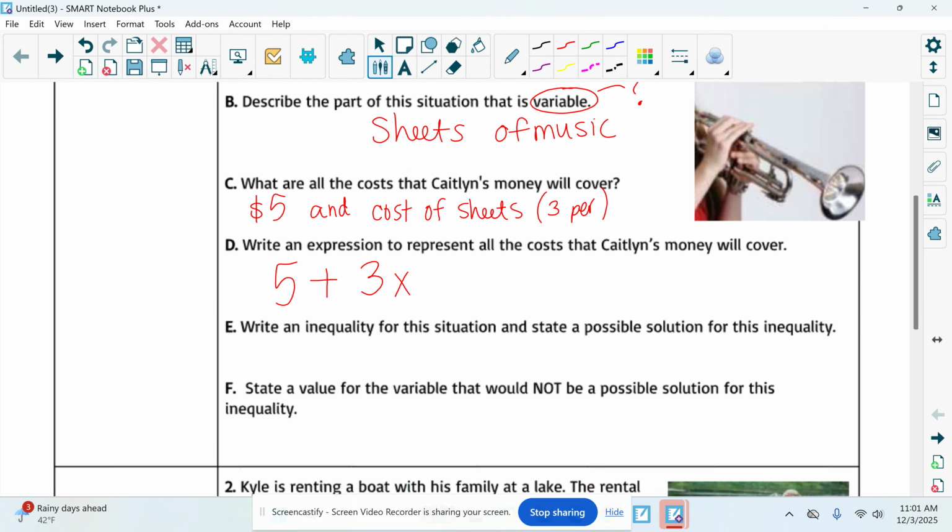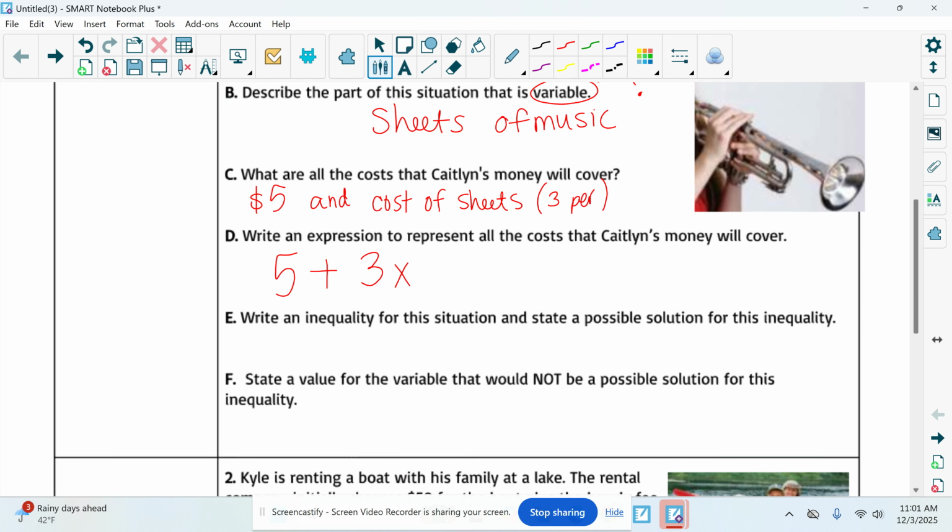So we can take this expression and now put it into an inequality. When it says write an inequality or write an equation, they want you to write a math sentence. So we've got the first part, 5 plus 3x.